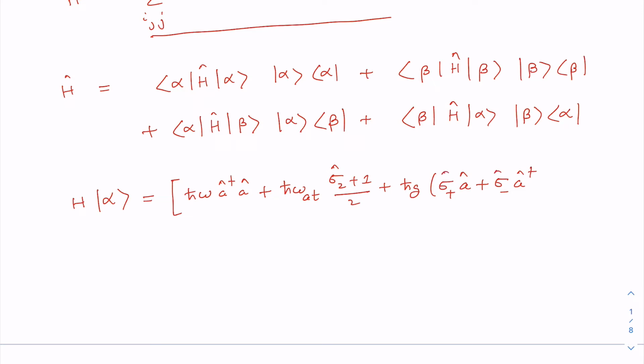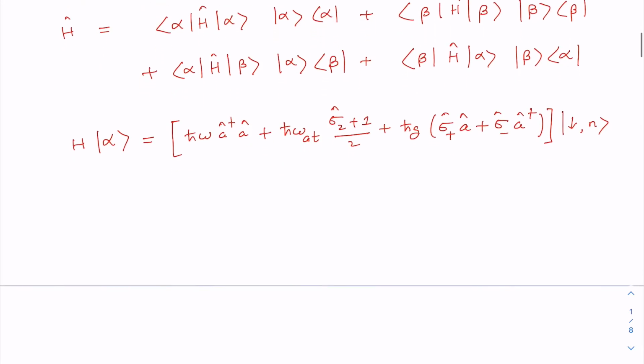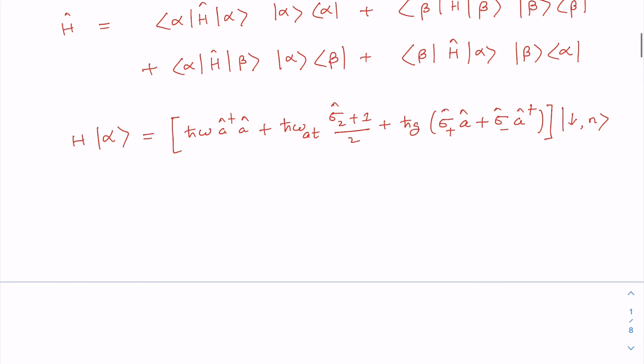All these are operators, and the ket alpha is the atomic ground state and the field state. Let me work out the terms separately.